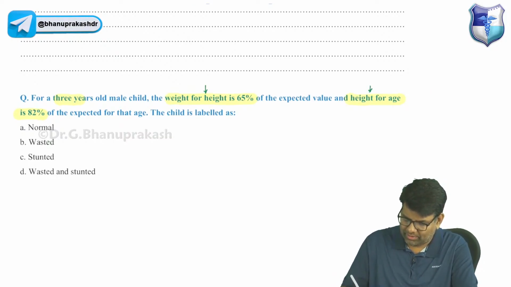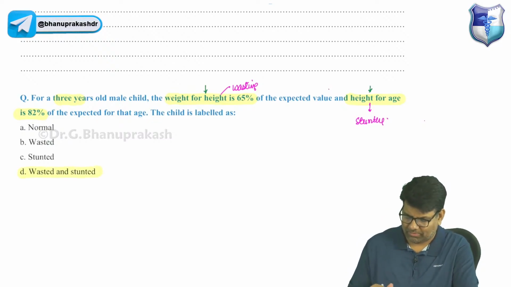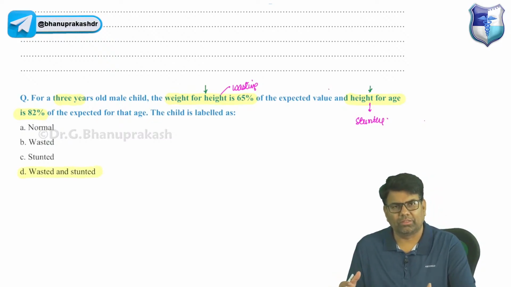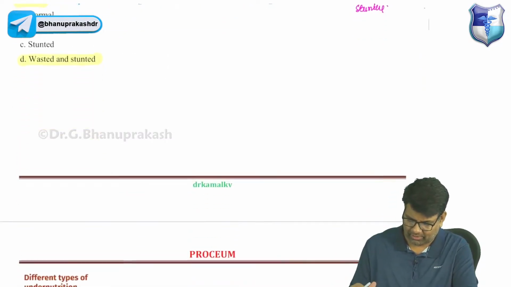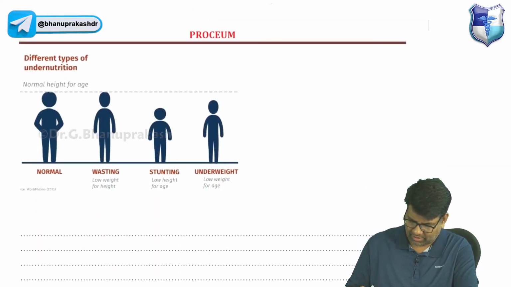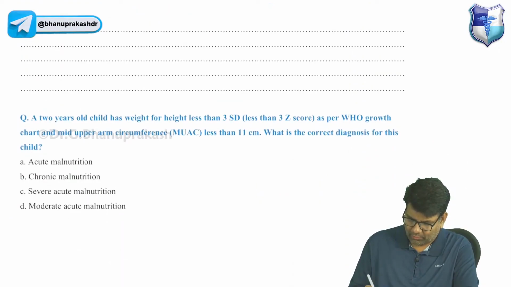So weight for height, this is wasting, and height for age, this is stunting. So this will be known as wasted and stunted. Yes, right. So weight for height is wasting, and height for age, if it is low, suggests stunting. So wasting and stunting.